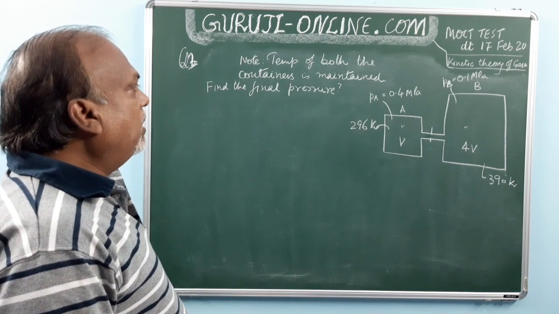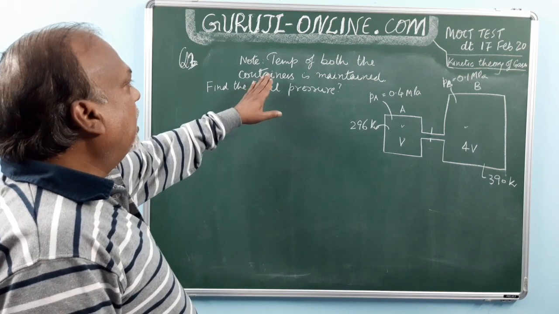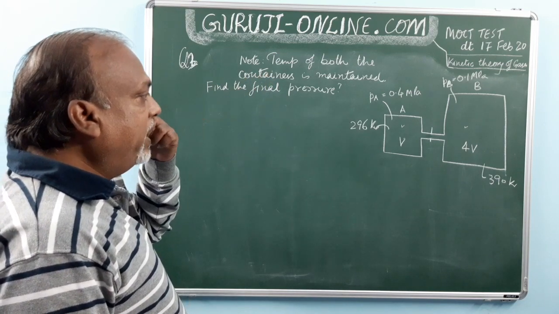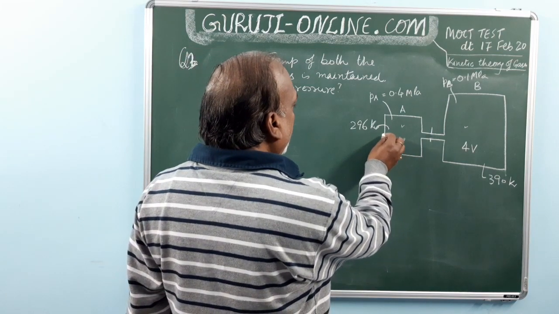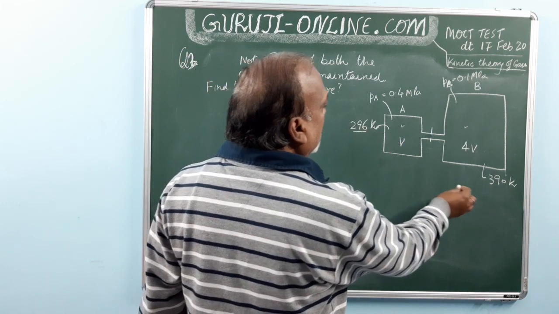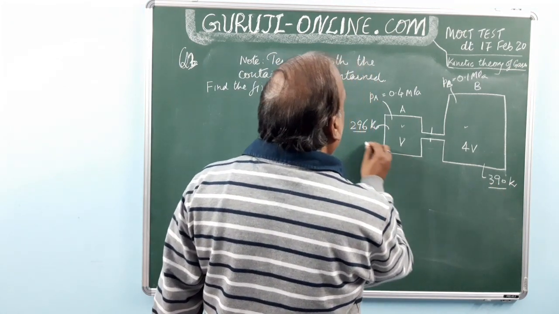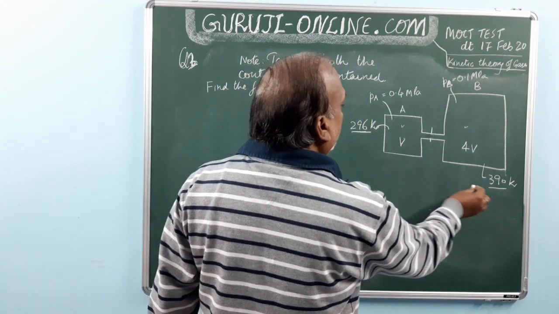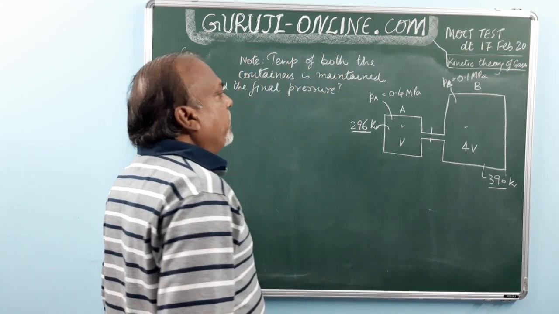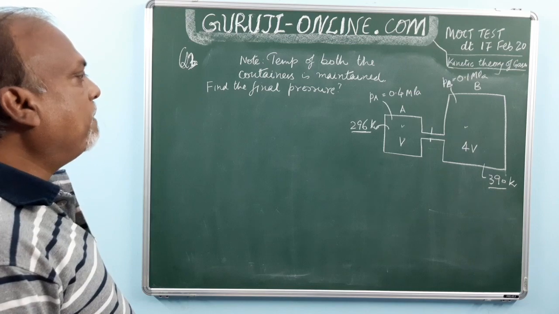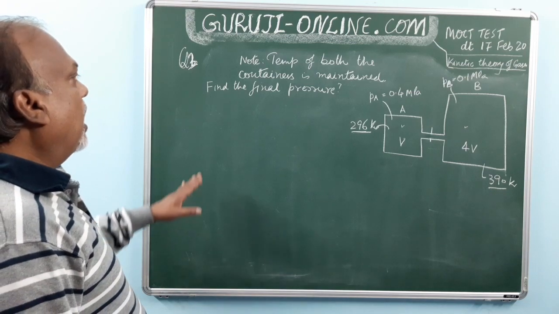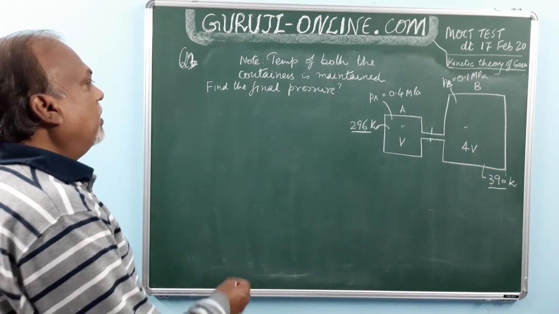We are given one condition also, that temperature of both the container is maintained. Even after this equalization of pressure, this temperature is maintained. Okay, so now let us see how to find this final pressure.